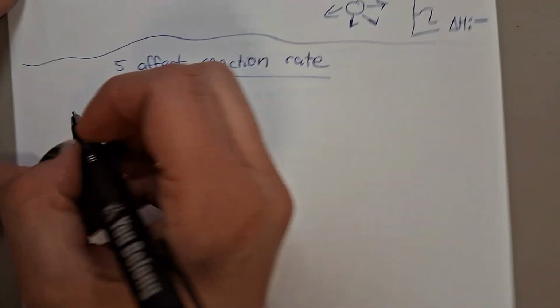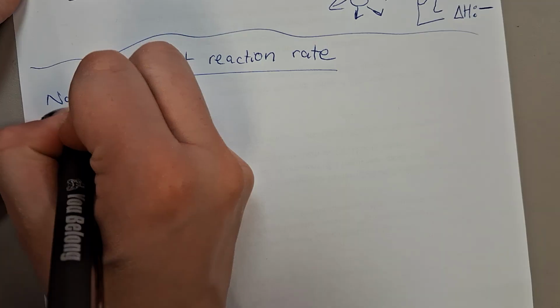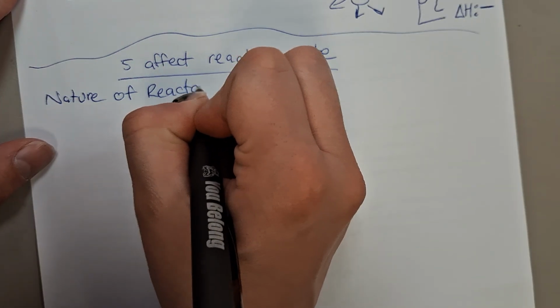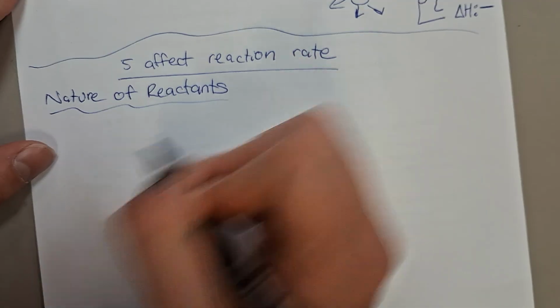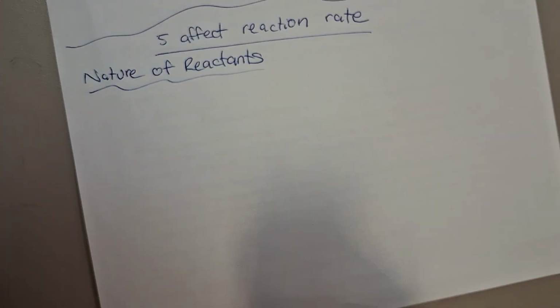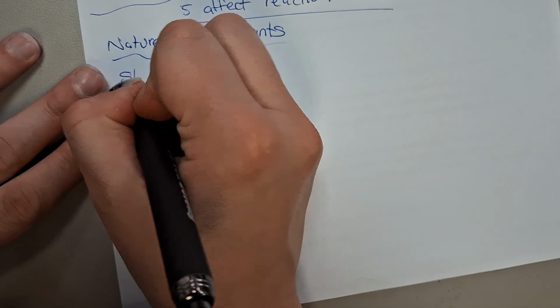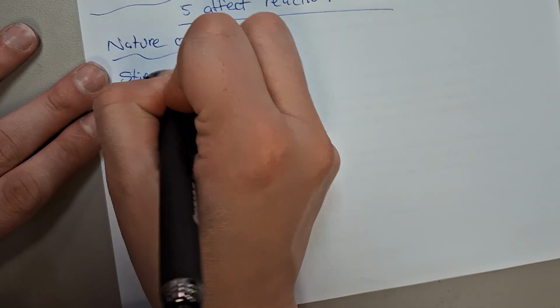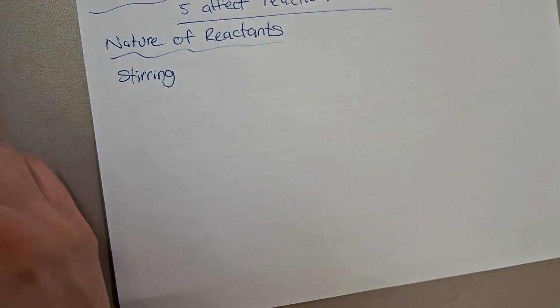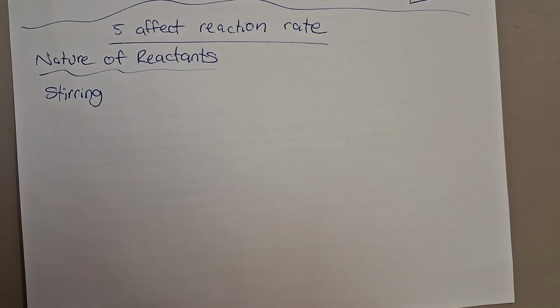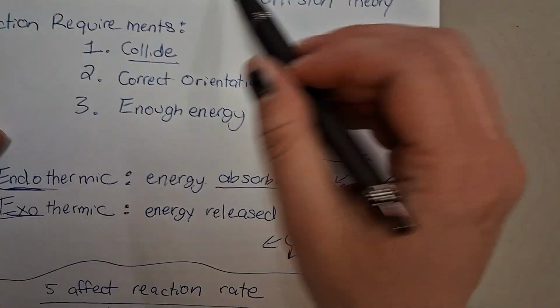We kind of talked about 6 in class, but these are the 5 that are going to show up more. We talked about nature of reactants. If the element is more reactive, then that reaction is going to typically go faster. That's not one of the 5 that's going to show up on your assignment today, though. The first that is stirring. So I want you to think back to when we talked about why these make it more reactive. You do have notes on that, and you are all smart enough to figure that out with these 3 things.